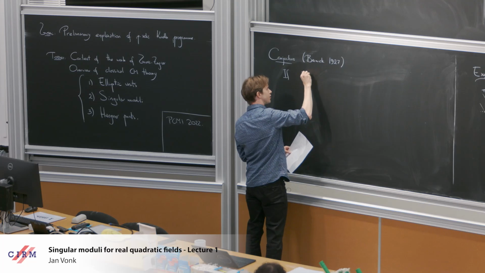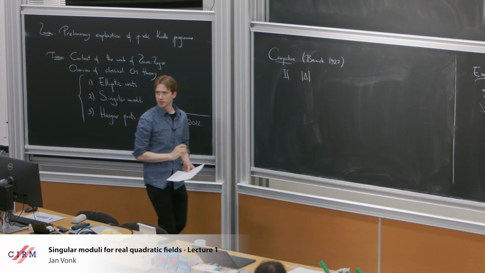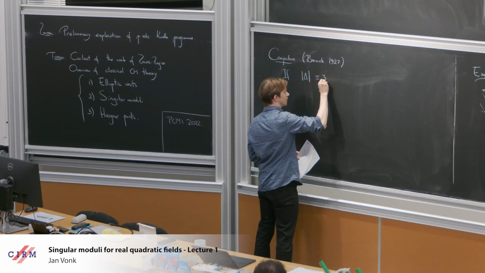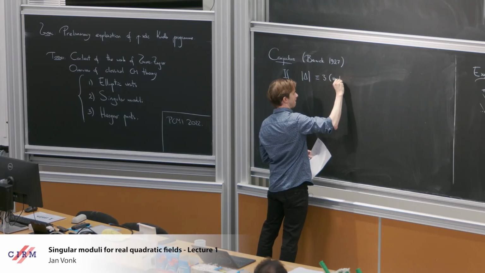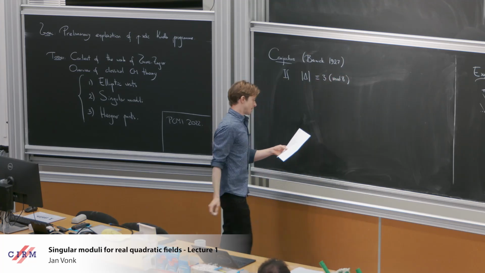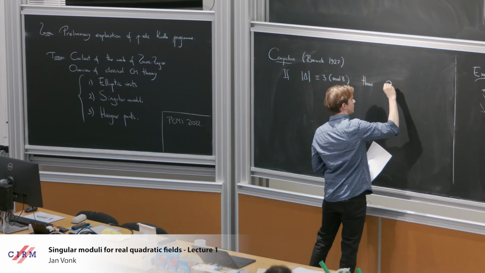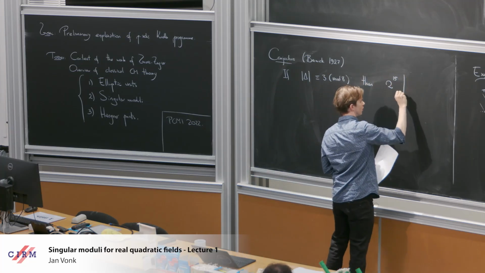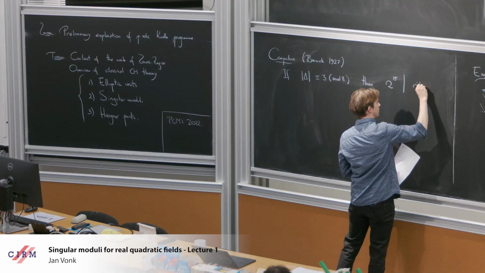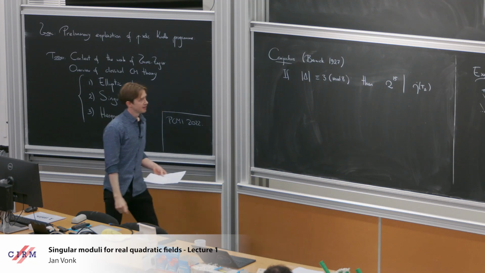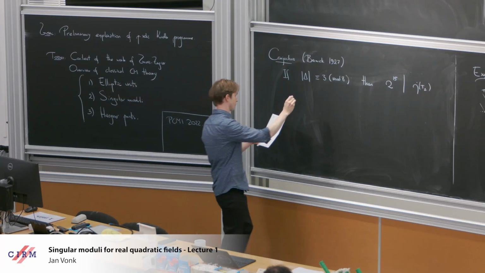So suppose that we have a negative discriminant, and its absolute value is 3 mod 8. So the discriminant is 5 mod 8. If this is true, then 2 to the 15 ought to divide j of tau delta. We already noticed this one as well.